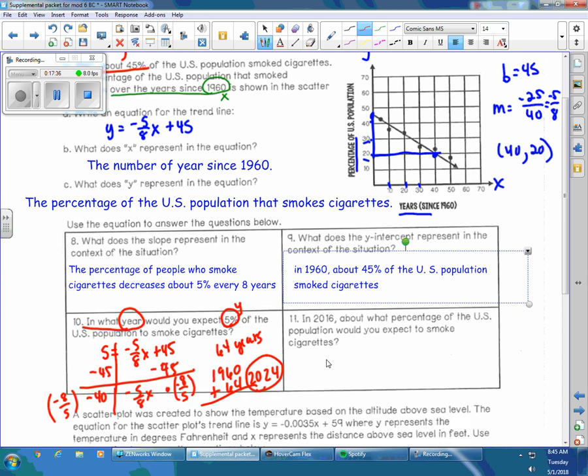Okay. In 2016, so we're still dealing with our years, about what percentage of the U.S. population do you expect to smoke cigarettes? So I need to figure out the difference between 2016 and 1960. Grab your calculator, 2016 minus 1960. That's going to be 56 years. Oh, I'm sorry, they're giving us a year here. I should switch to green.